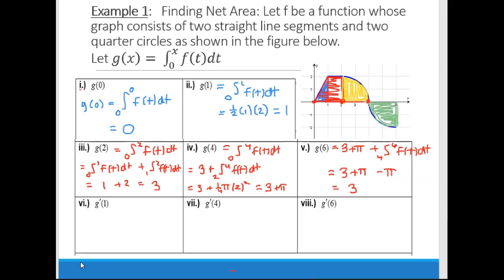So up here, g prime of x would be the derivative of the integral of x. Well, what do you know about the derivative and the integral? What did we say they are? What's 1/2 times 2?